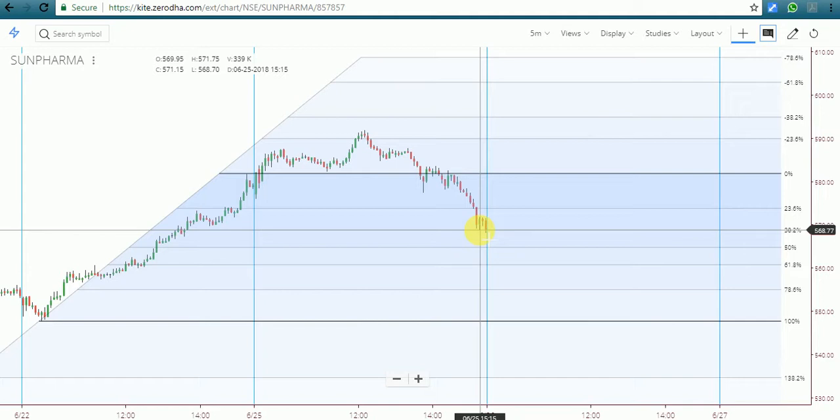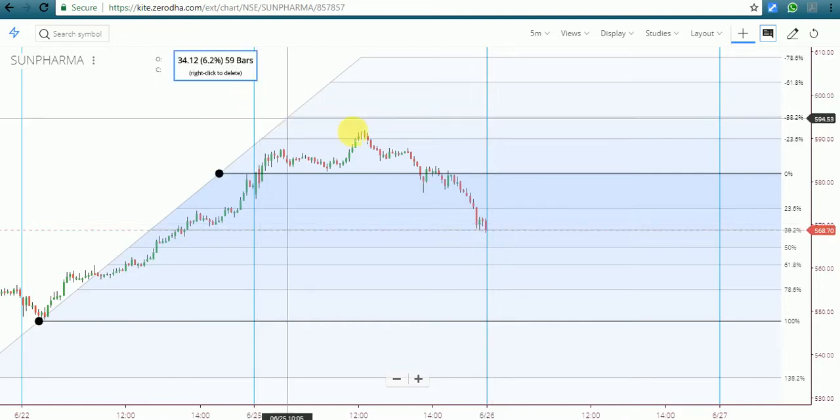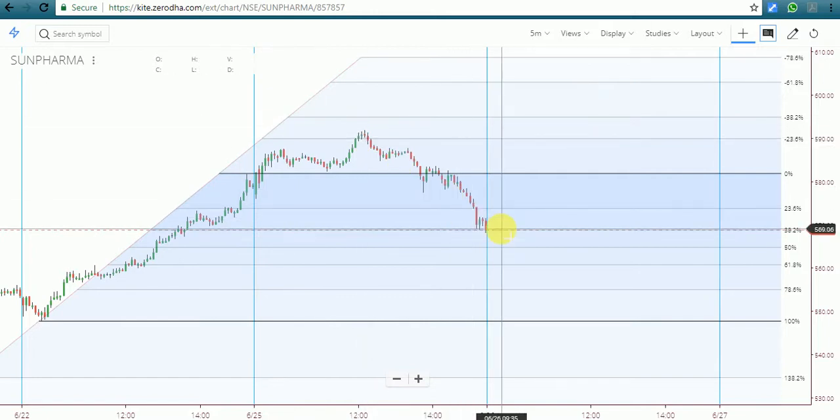Earlier I said 38 is a strong trend, 50 is a normal trend, and 61 is a weak trend. So it is still strong, and I cannot say that it's a downtrend. It gave a correction, but that is okay.